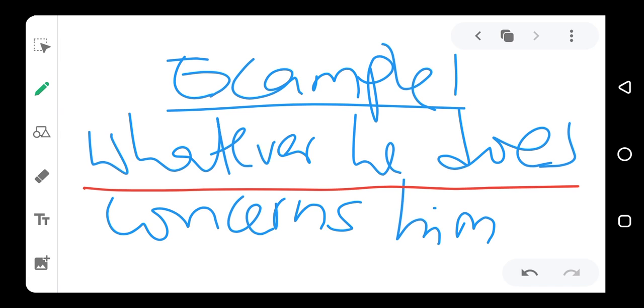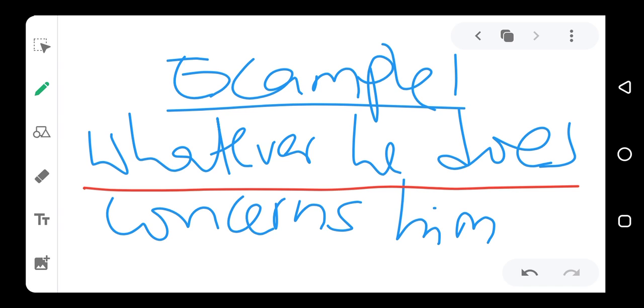Now, this group of words is introduced by whatever, so we begin to suspect a noun clause. Now, we check whether it is actually a clause or not by identifying whether it has a subject and a verb, because we defined a clause as a group of words with a subject and a verb.